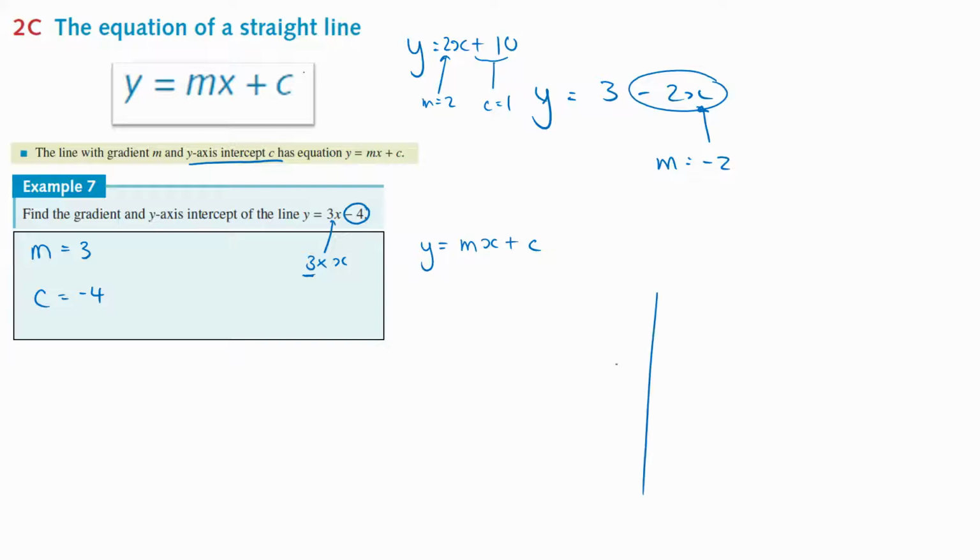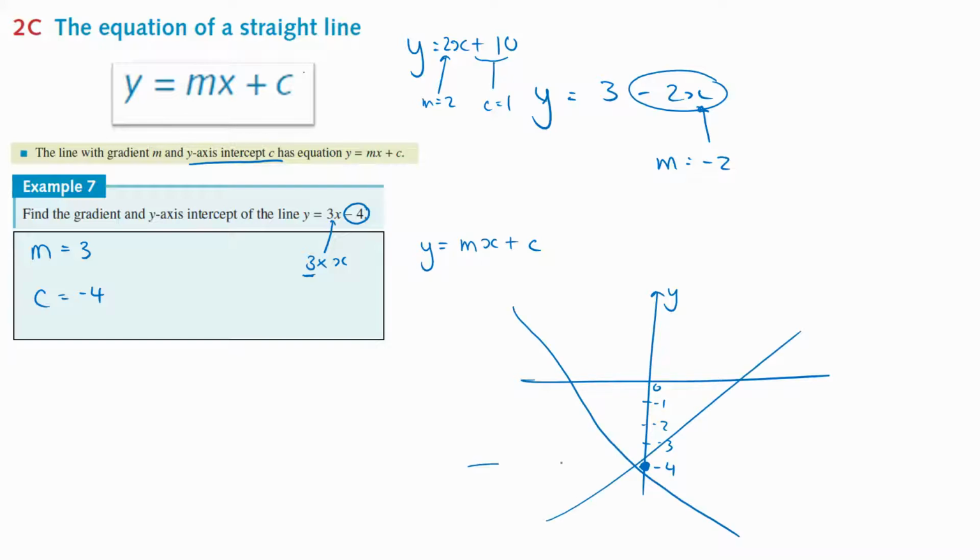So what I'm saying here is, if I drew this graph, which is an exercise in 2D, this is my y-axis. And this is where negative 1 is, negative 2, negative 3, negative 4. This is where it crosses. Now, I don't know how it crosses it. It could be like that, it could be like this. I don't know what the straight line looks like until I look at the gradient.